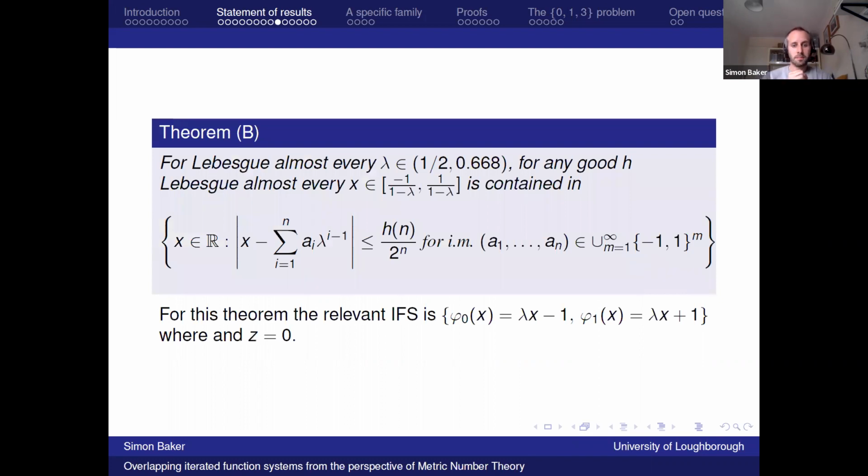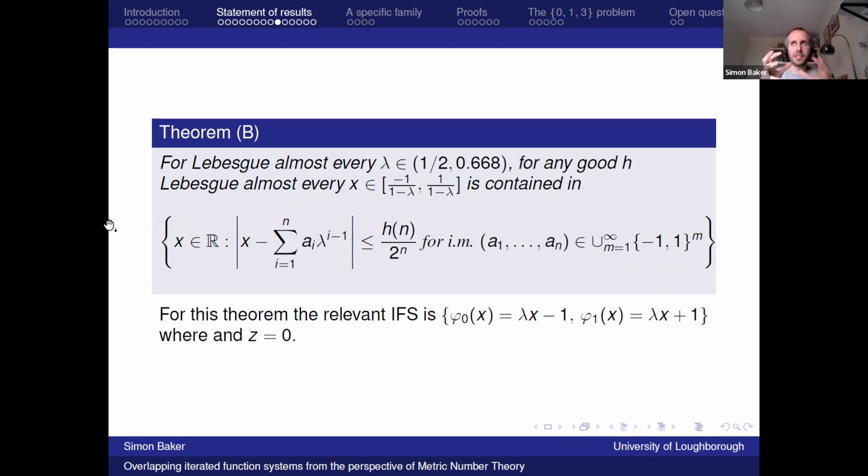So here is a first positive result. This is for the Bernoulli convolution. Basically, this theorem states that for almost every lambda in some interval, for this iterated function system, we're seeing Khintchine type behavior. So for almost every lambda in this interval, for any good h, Lebesgue almost every x is going to be contained in this limsup set here.